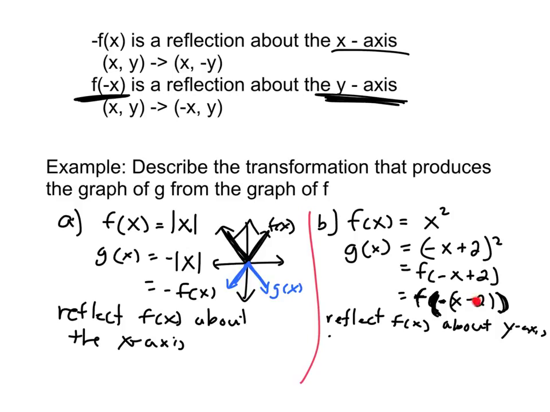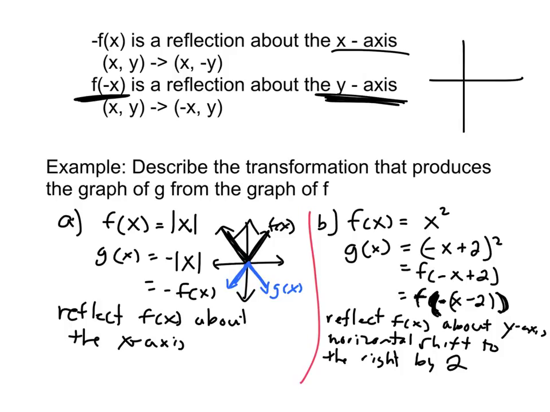And when it's negative like this, I know that it's a horizontal transformation to the right. So now I know, okay, horizontal shift to the right by 2.